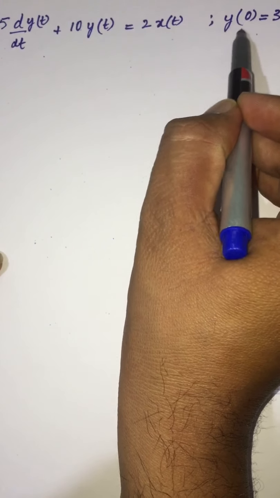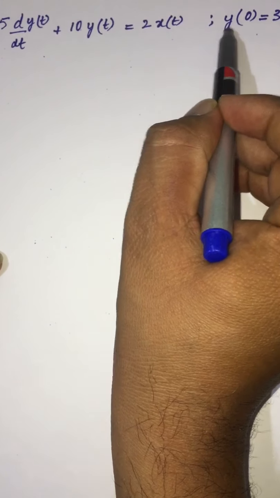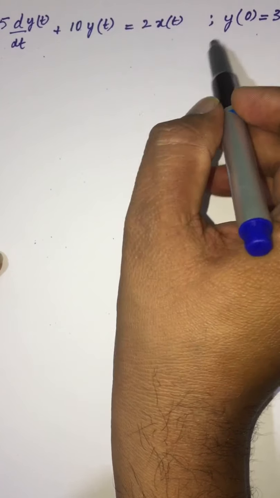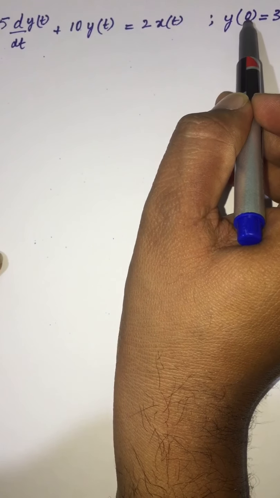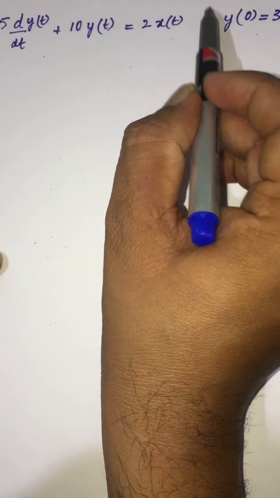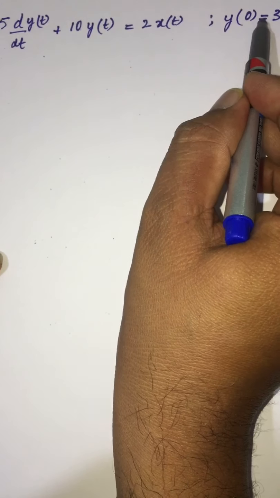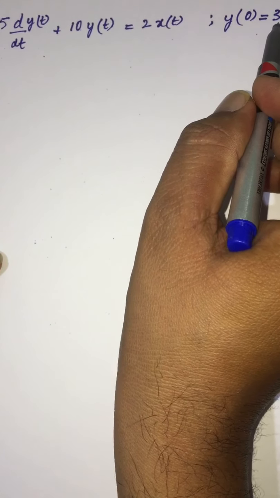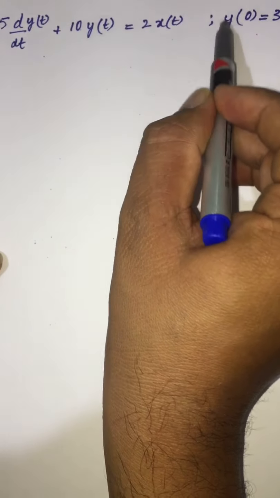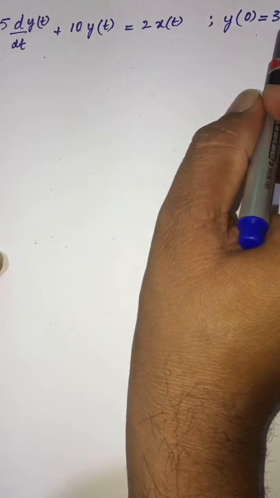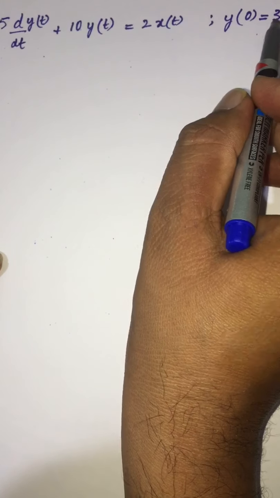This we call an initial condition, y of 0, y of 1, y of 2, or y of minus 1, whatever it is. If the value of t is replaced by any constant and the entire expression is given some constant value, then it is called an initial condition. Therefore, the initial condition is also given in this question, where y of 0 is equal to 3.